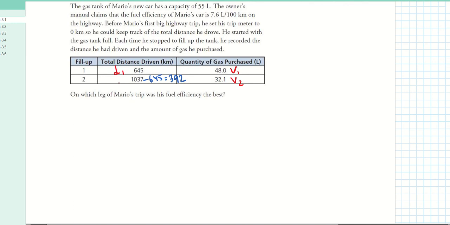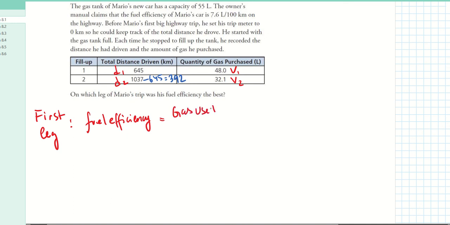And this is going to be our distance 1 and distance 2. So for the first leg, we're going to look at fuel efficiency, which is going to be the gas that you use per distance traveled.